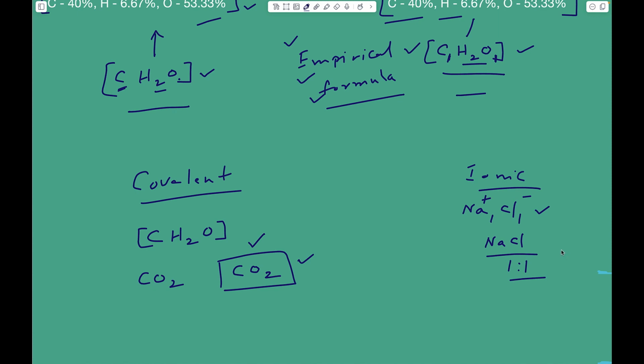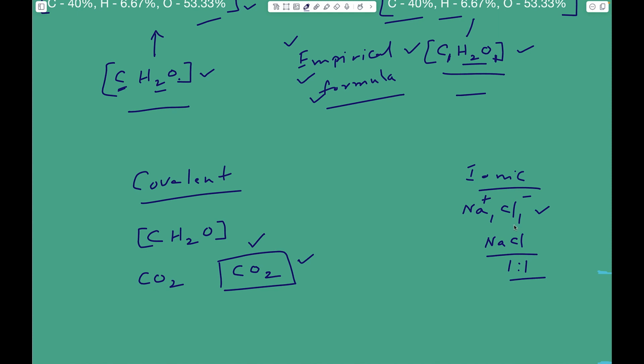So for an ionic compound, the formula itself is its empirical formula. You take any ionic compound, you will find in its formula the subscripts in the simplest possible ratio.